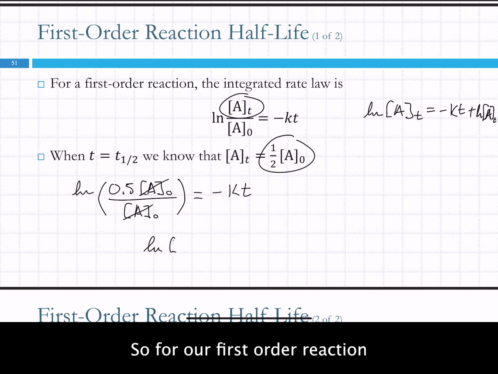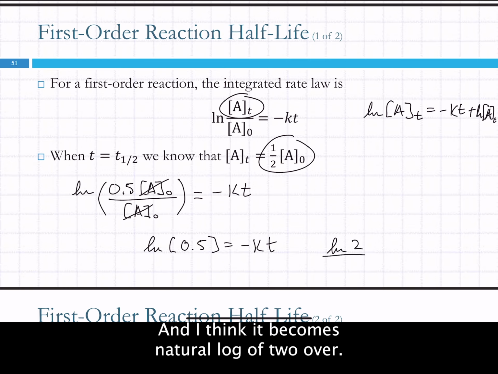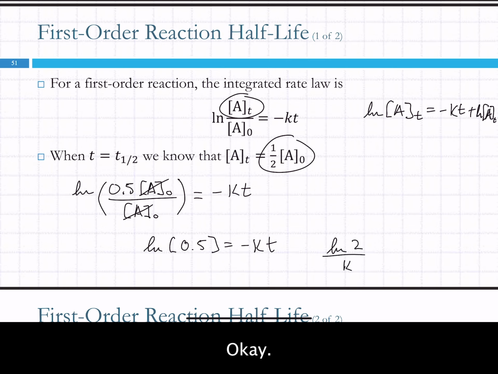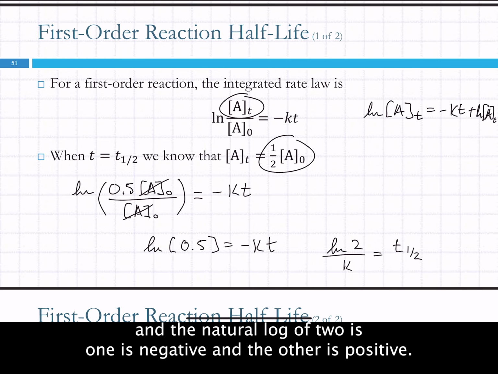So for a first order reaction, the natural log of 0.5 equals negative kt, or again, a little bit of algebra, this becomes the natural log of 2 over k equals t 1/2. The difference between the natural log of 1/2 and the natural log of 2 is one is negative and the other is positive.